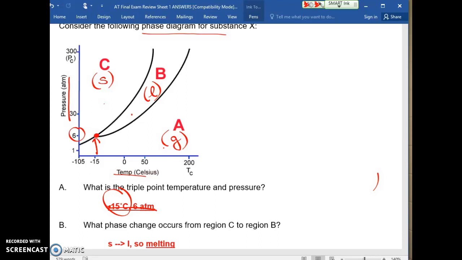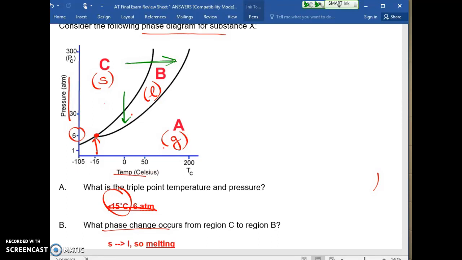Now, you'll also be asked to figure out what phase changes are occurring. Well, if you've identified the regions correctly, then it's that easy. Notice, if I'm going to go from region C to region B, that means like this. This would be, for example, pressure remaining constant with the temperature going up. Or in this situation, temperature remaining constant and the pressure dropping.